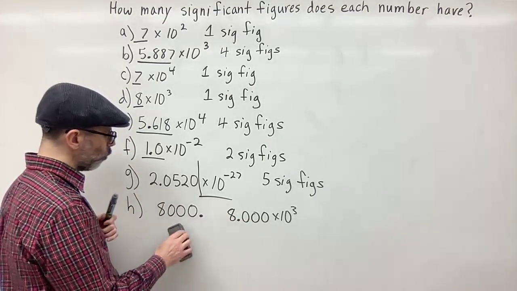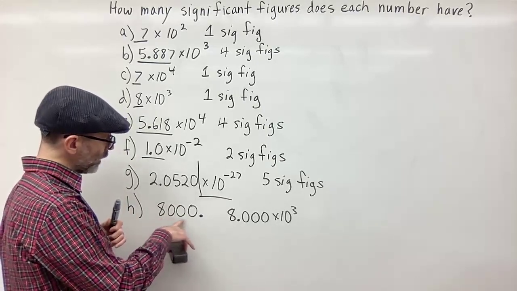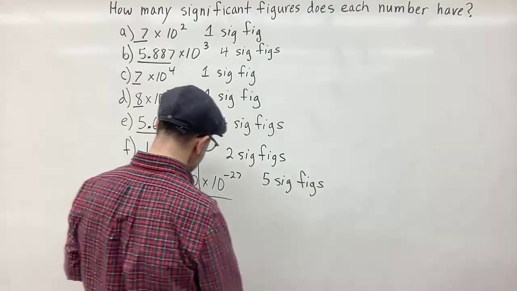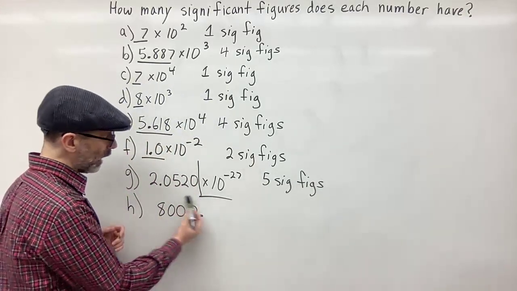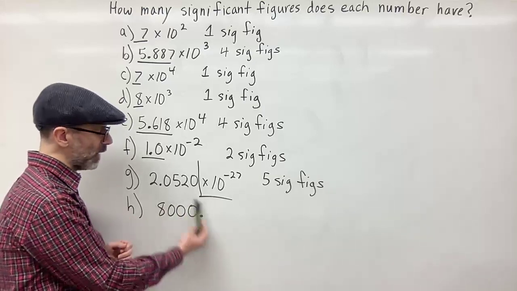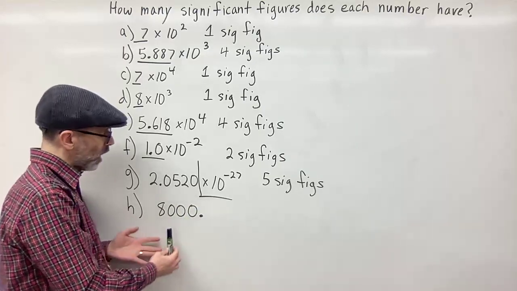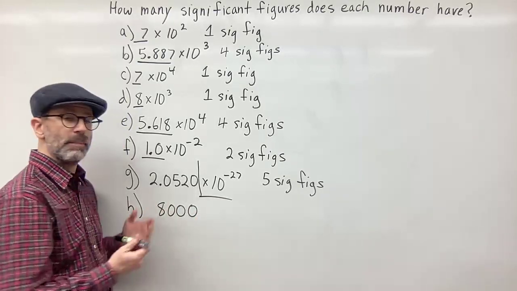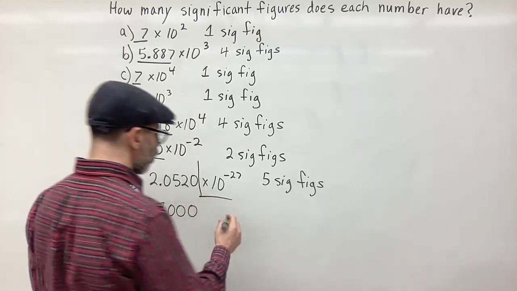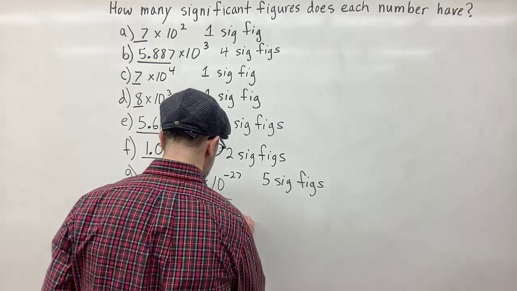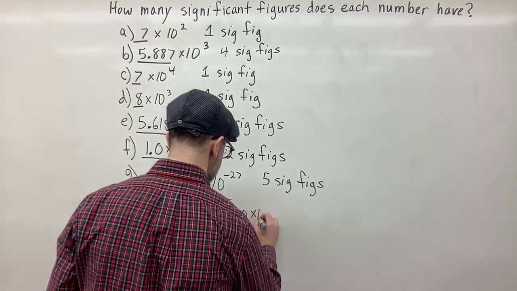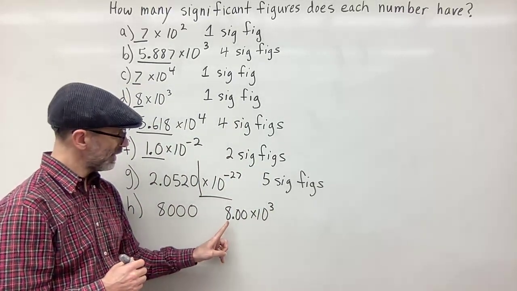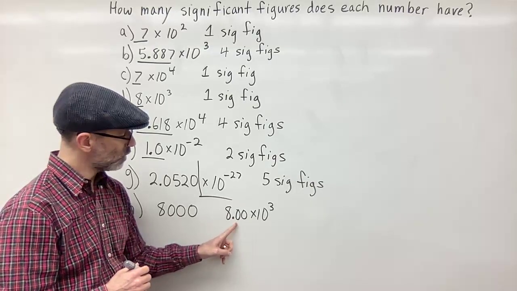But what if only 2 of the zeros, or maybe this zero, is significant? How do I determine that? If I write it in standard notation, I wouldn't be able to determine whether all 3 zeros here are significant, or just 1 or just 2. But scientific notation makes that clear. If I write it in scientific notation like 8.00 times 10 to the third, it's telling me that only the 8 and the first 2 zeros are significant.